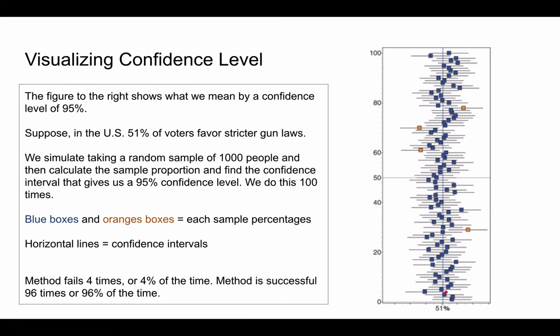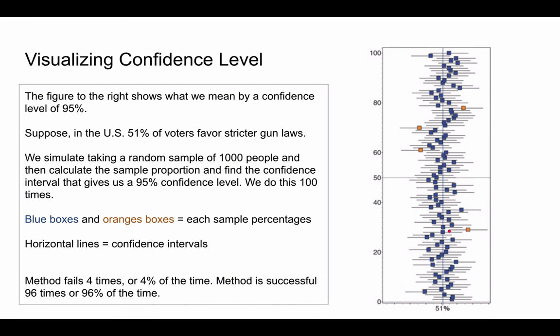Now, what's the deal with the blue boxes and the yellow boxes? I called them orange on this slide, but whatever, they're orange or yellow. So the colored ones, the yellow or orange ones, are the ones where when we took our sample of the population and found out what percentage of them favor stricter gun laws, the confidence interval did not end up capturing 51%. So we got some percentage of that sample favoring stricter gun laws, like in this one, maybe something like 75%, and then our confidence interval does not extend all the way to 51%.